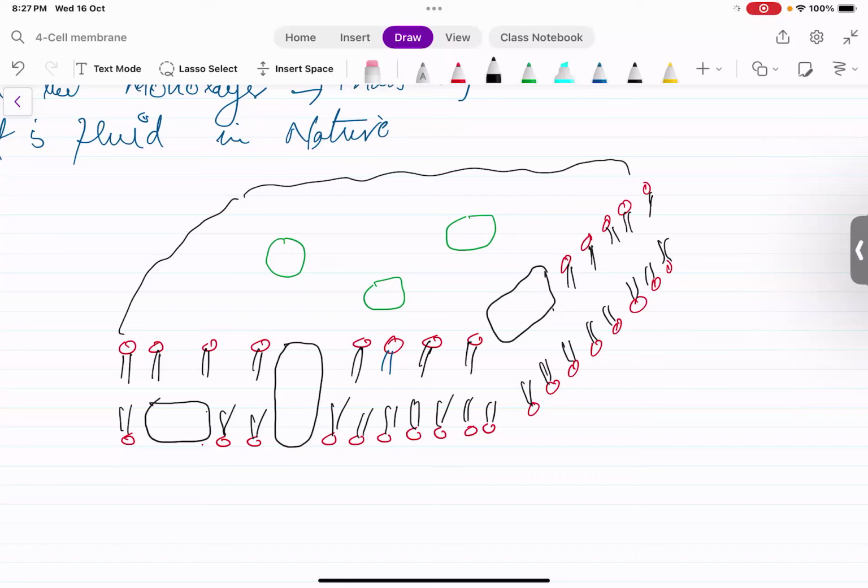From the top view, the polar heads of the phospholipids will be visible this way.